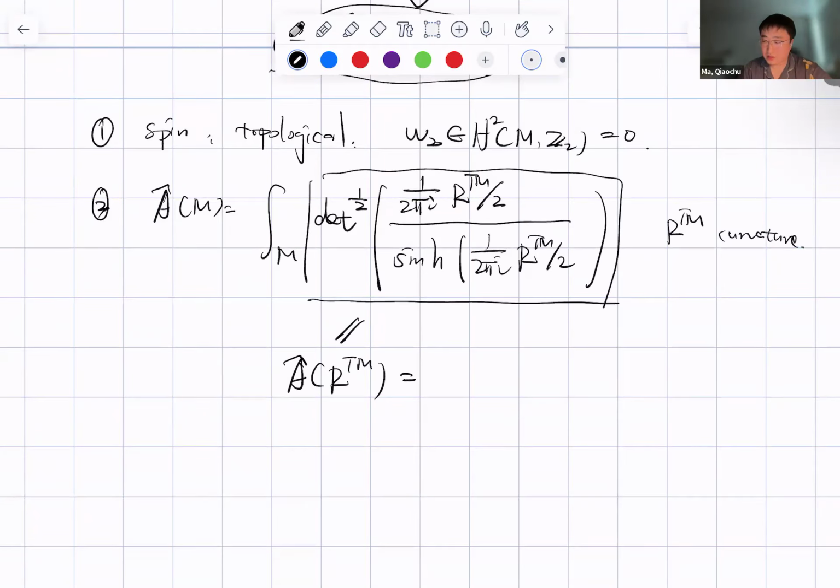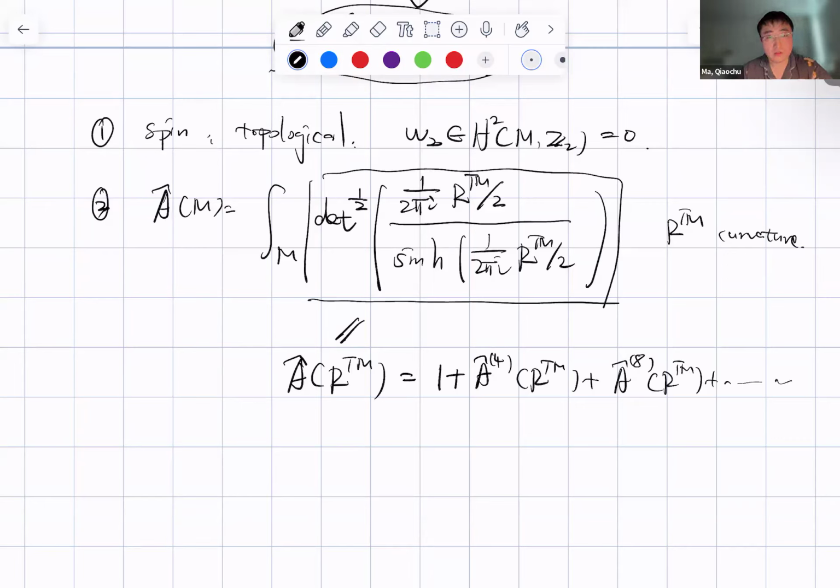This A-hat class is actually a sum. This differential form has many components. Its degree 0 part is just 1, and then a degree 4 part, and a degree 8 part, and so on.